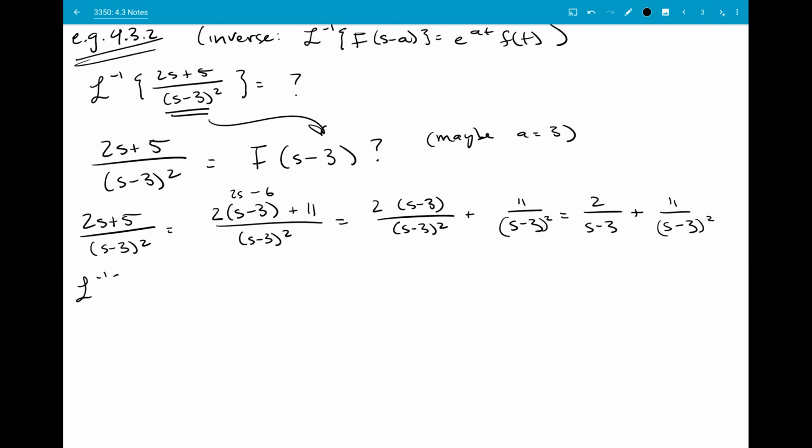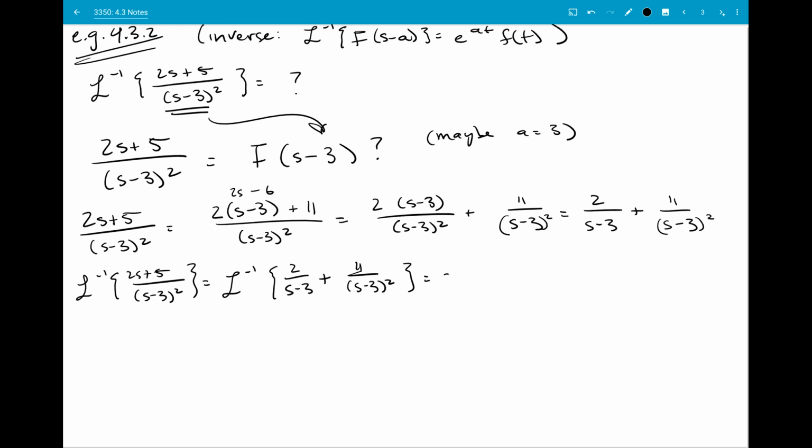So L inverse of (2s + 5)/(s - 3)^2 would be the same as L inverse of 2 over s - 3 plus 11 over (s - 3)^2. And that's going to be, by linearity, 2 L inverse of 1 over s - 3 plus 11 L inverse of 1 over (s - 3)^2.